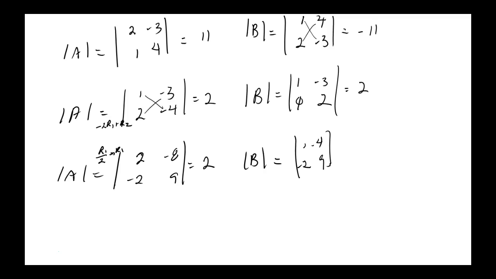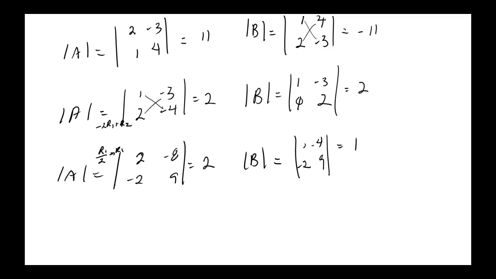So what's the determinant of this one? And I have a bracket there, and it needs to be a straight line. Okay, 9 minus 8 is 1. Okay, so what happened? When we divided a row by 2, you also divided the determinant by 2. If we had multiplied the row by 3, you'd have multiplied the determinant by 3. Okay, so here are the 3 elementary row operations.